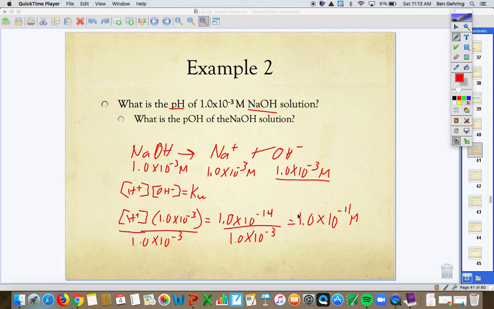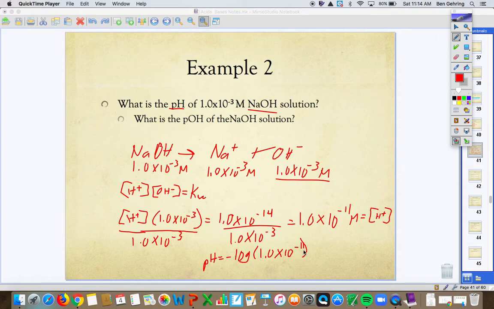So to get pH, I'm going to take the negative log of 1.0 times 10 to the minus 11.